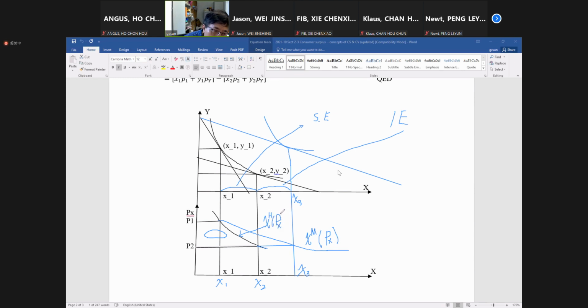So clearly, the two curves are not identical. There is some gap between them because they are dealing with different things. Marshallian demand takes care of not only the substitution but also the income effect.